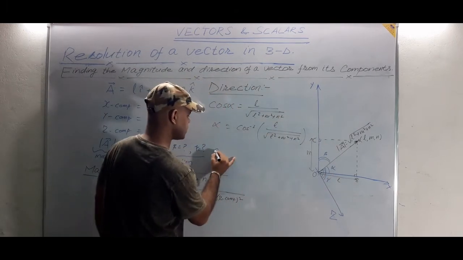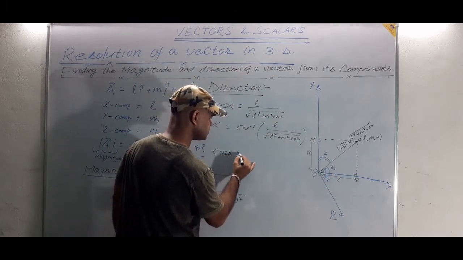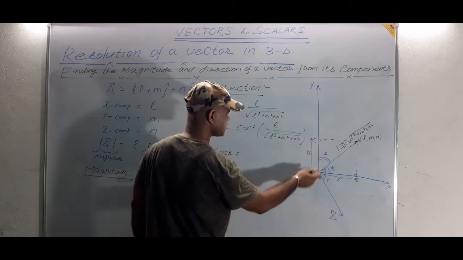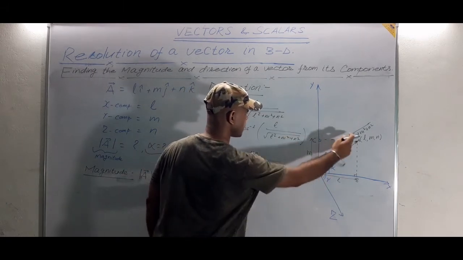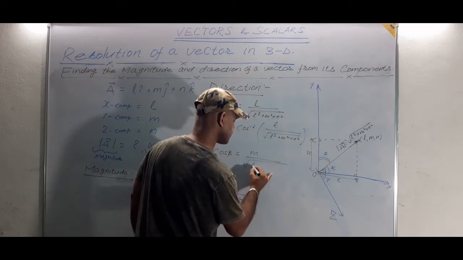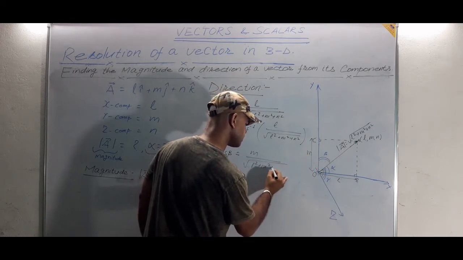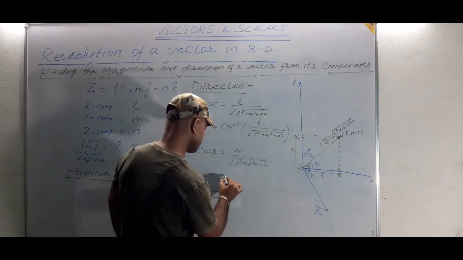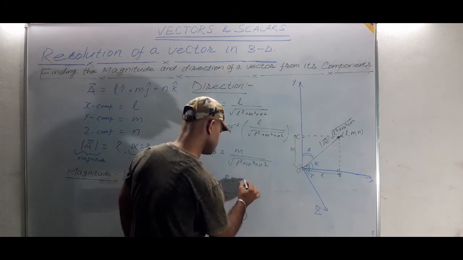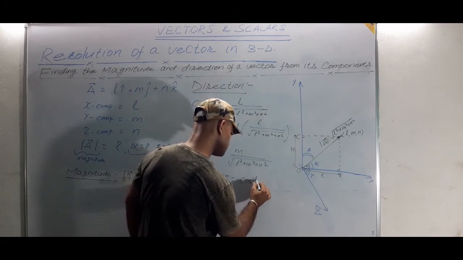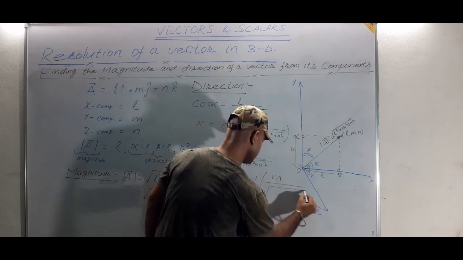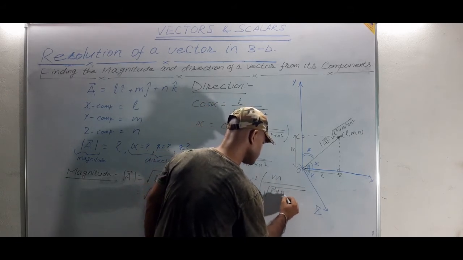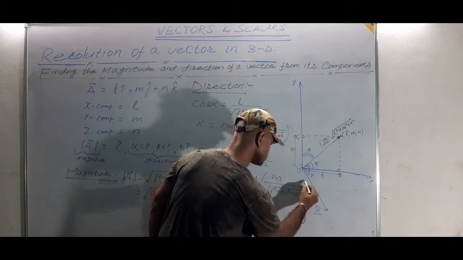So cos of beta is equal to base, that is M, upon hypotenuse, that is the arrow length, which is root of L square plus M square plus N square. So beta is equal to cos inverse of M divided by root of L square plus M square plus N square.